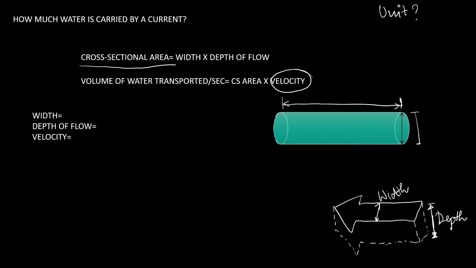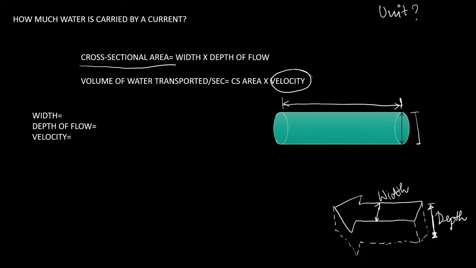So it may happen that an ocean current may carry that much amount of water per second, which may be equal to the water of all the rivers of the world combined. It may be that huge a current. Okay.